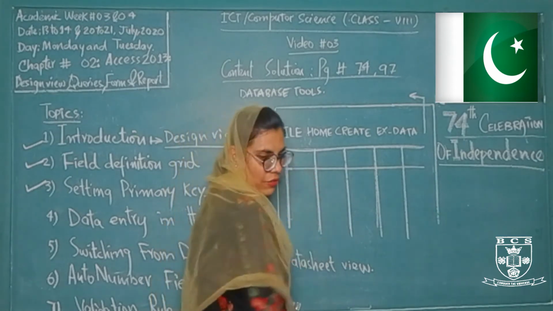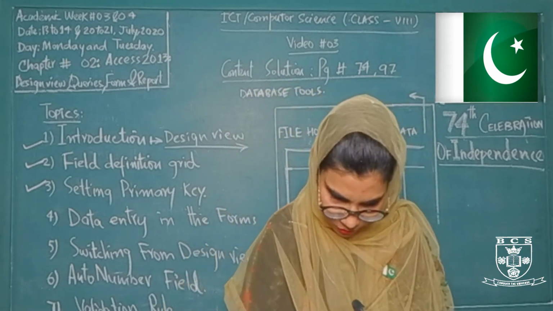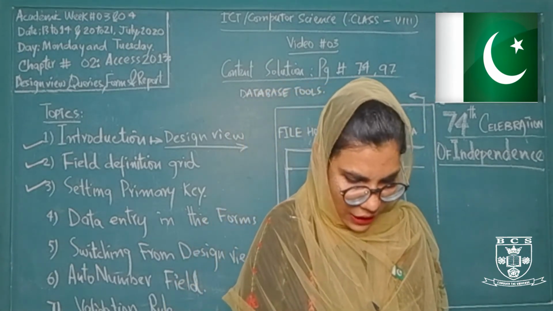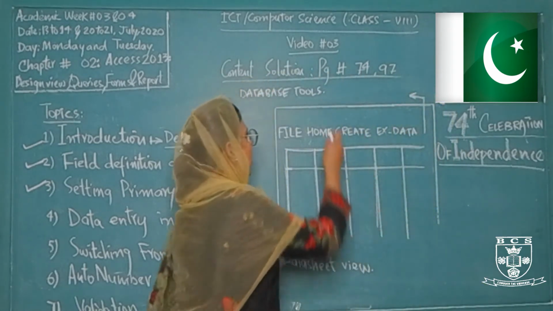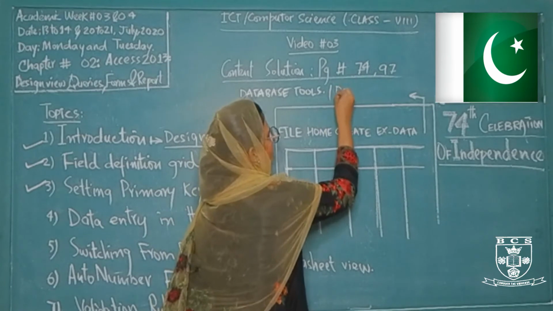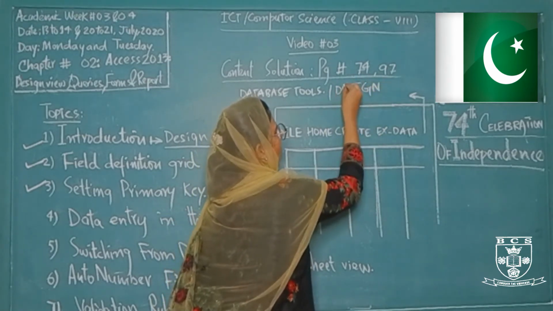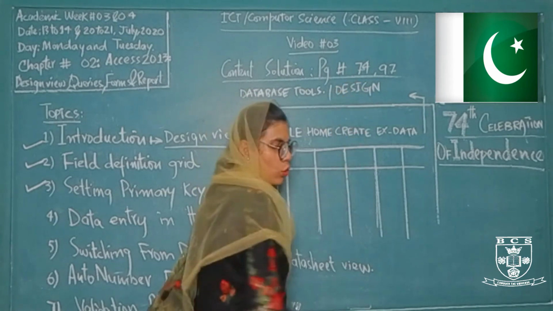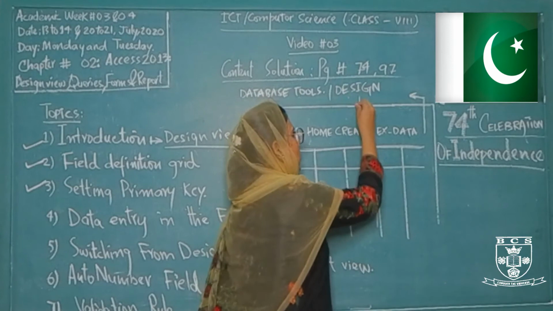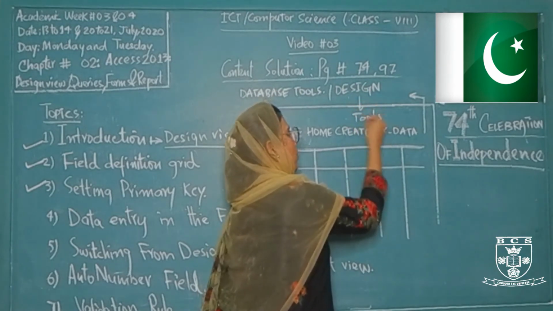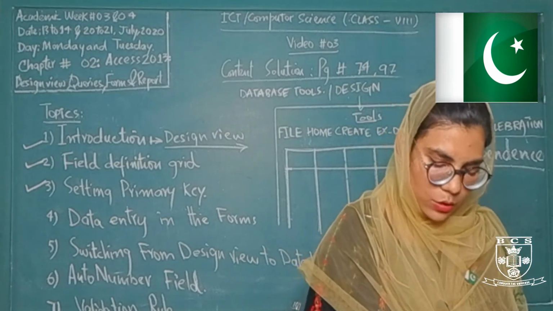So first of all I will select this field, then I will click the primary key in the tools group in the design tab. After these basic tabs, there is also a tab known as design tab. First of all I will click my design tab, then I will go to the tools group. Within the tools group, there is an option known as primary key.